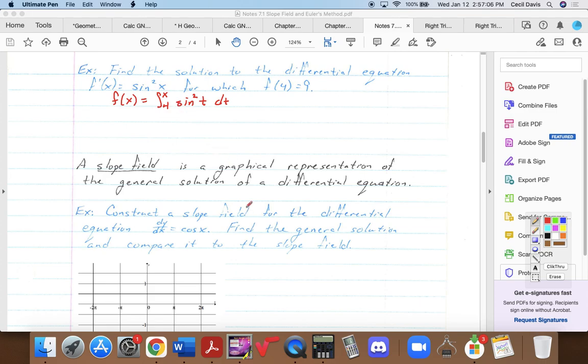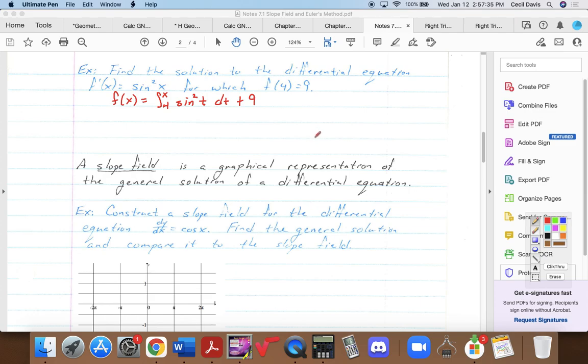Fine, I'll make the lower limit 4, and then I'll just go plus 9. Now, when x is 4, f of 4 is going to be 9. And the derivative of this is going to be sine squared x, because the derivative of the plus 9 is 0. That's the basics of differential equations in 5 minutes.